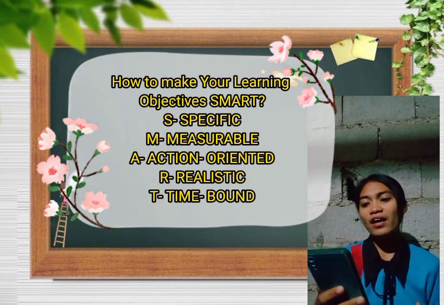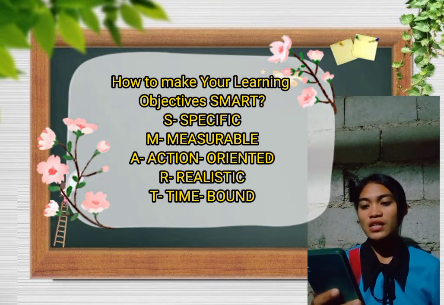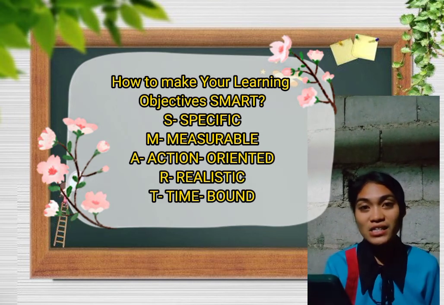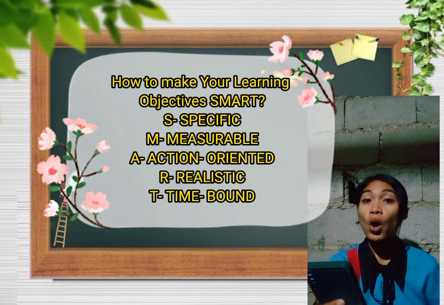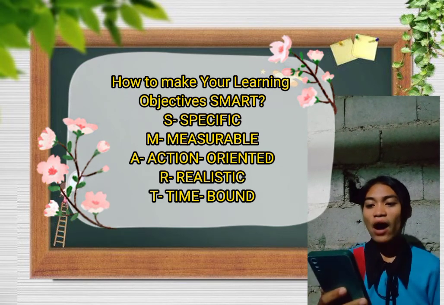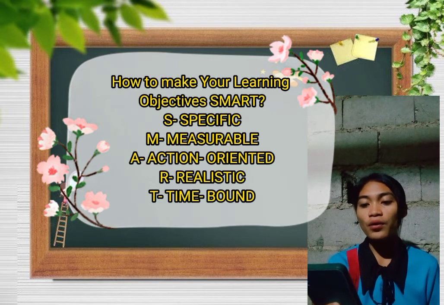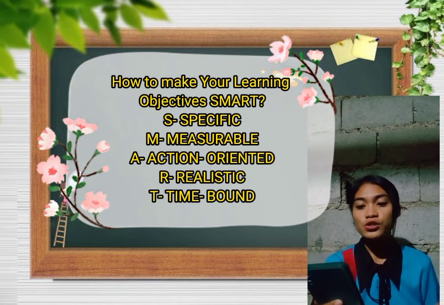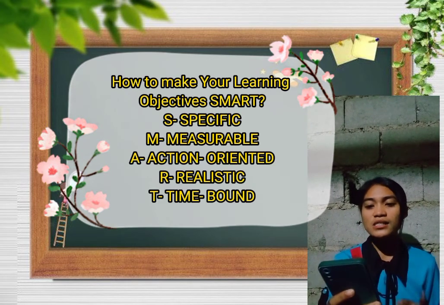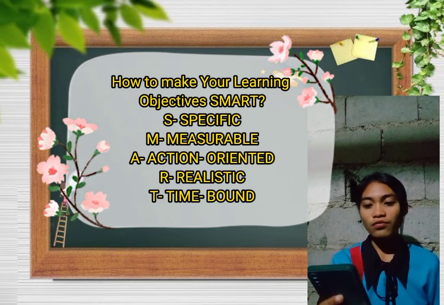Once you have developed your learning objectives, it is important to check and ensure that they are all SMART. Here is how to ensure that your learning objectives are SMART. Let us define each one of SMART.